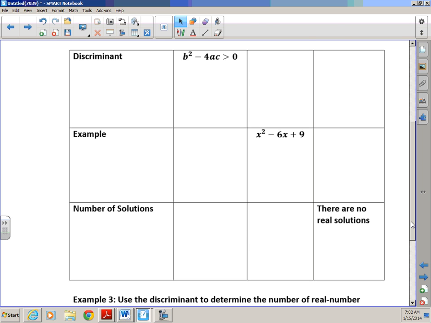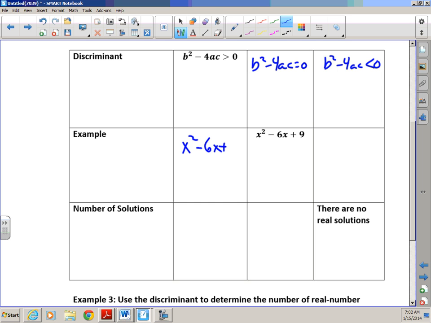All right, so my discriminant can be a value greater than 0. It can be a value equal to 0, or it can be a value less than 0. Now remember, whatever this discriminant is, it's under the radical sign. So an example where it's greater than 0 is x squared minus 6x plus 7.